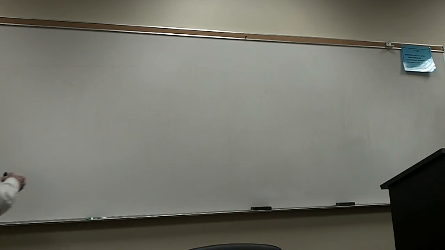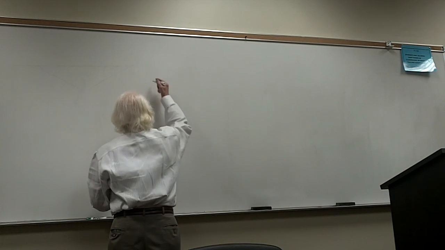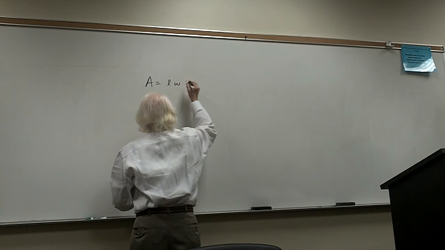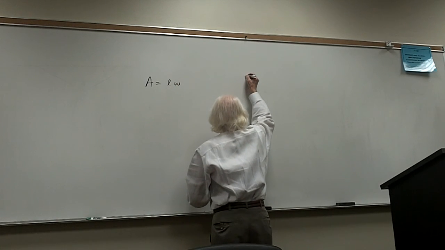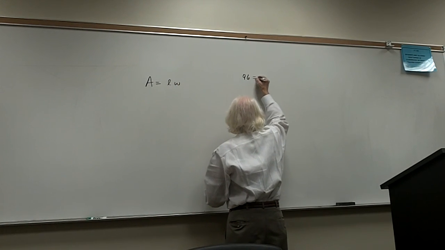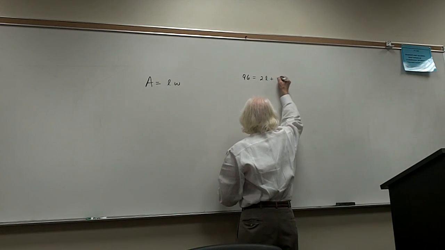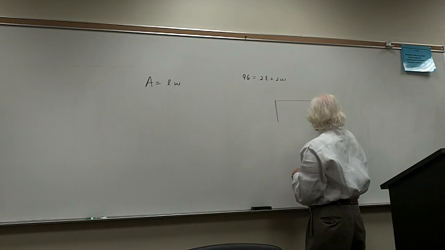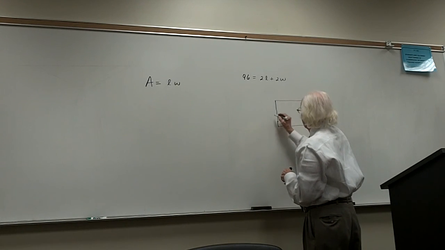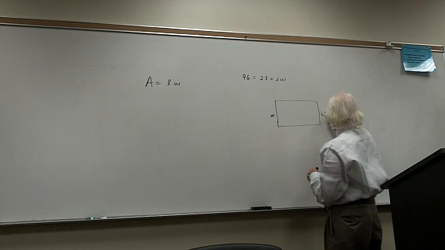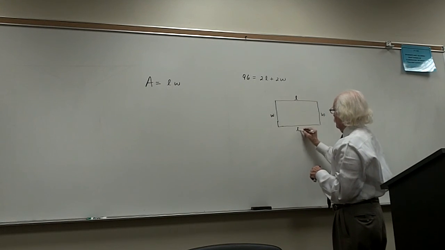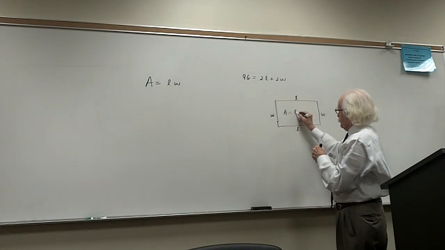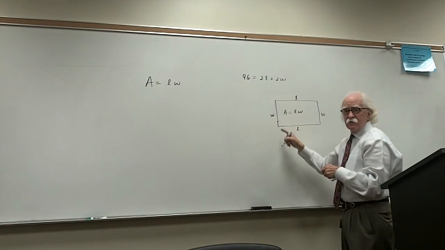So it's very, very simple to do. The area of a garden is length times width. He told you that he had 96 feet of fence. There's 2 L's plus what? And if you drew a picture, it would look like this. And this would be W, this would be W, that would be L, and the area is equal to length times width, right?